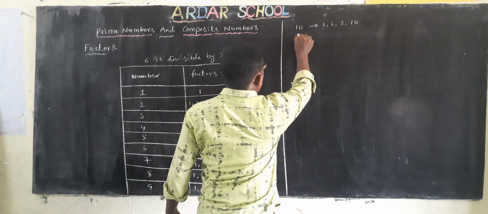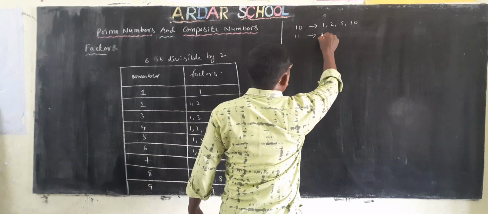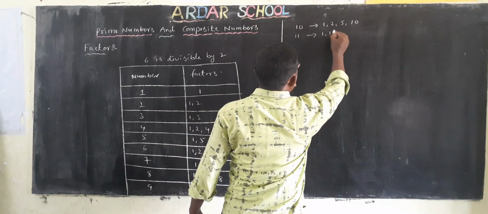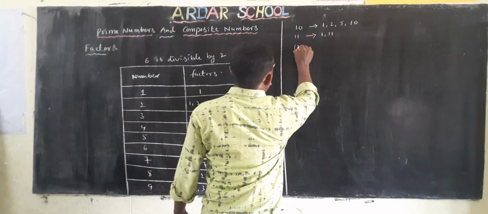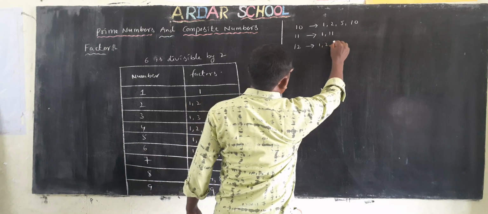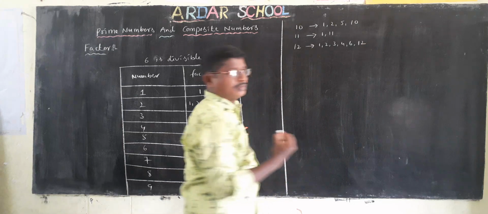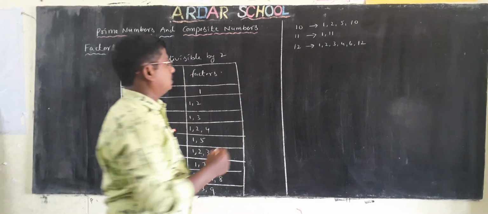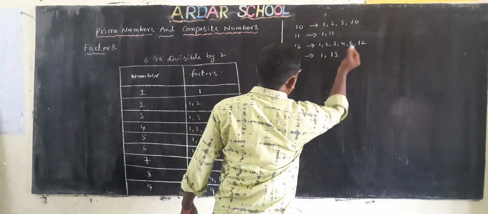Next 11, up to 20. 11: 1 and 11. 12: 1, 2, 3, 4, 6 and 12. Next 13: 1 and 13 only.